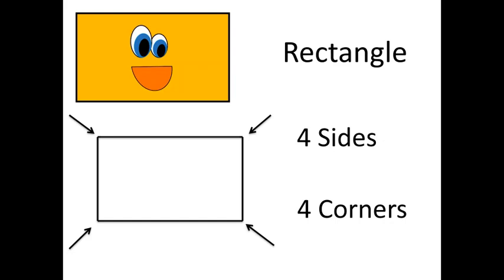It has 4 sides. Opposite sides are equal in rectangle and it has 4 corners. In next slide, we will see few examples of rectangle.